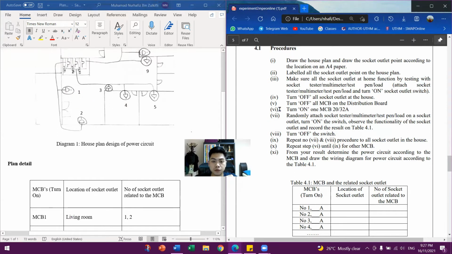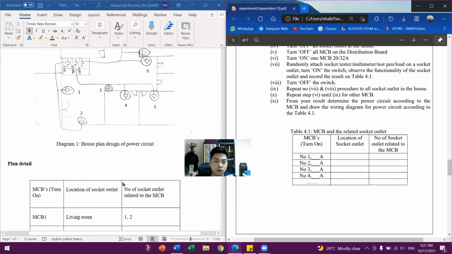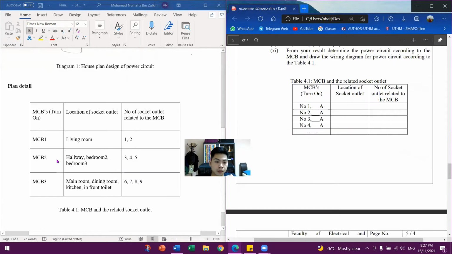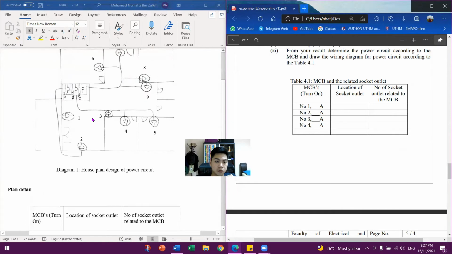So we repeat for the other MCBs, which are MCB2 and 3. And this is the result that we got: for MCB2, in the hallway, bedroom 2 and bedroom 3, sockets 3, 4, and 5, here, and here.